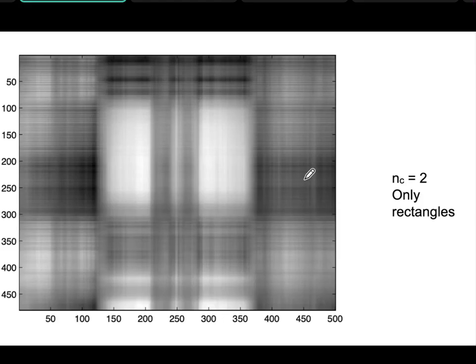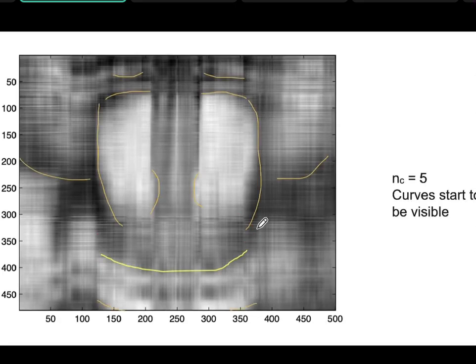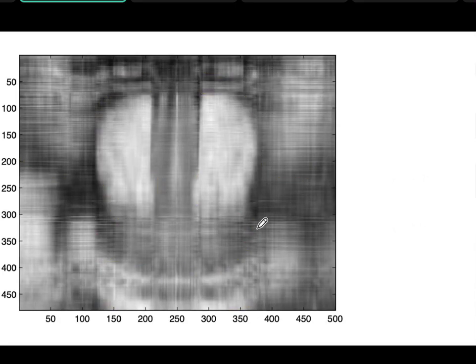You have only rectangles, and NC equals 5, sorry, you start to see things, you know, looking banana shape, because clearly that now includes some sort of curvature, which you couldn't see with only two modes. You can see it here. The curves start to be visible.